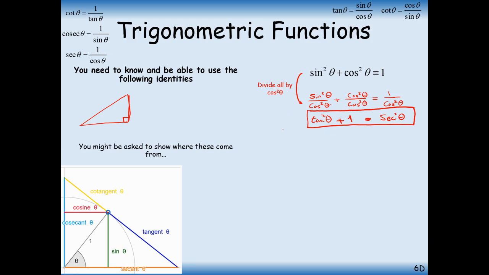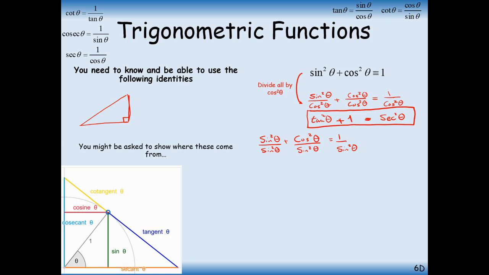Now, going back to the original expression that we had, sine square theta plus cos square theta can also be divided by sine square theta. So if we divide every term here by sine square, what we end up with is another expression.